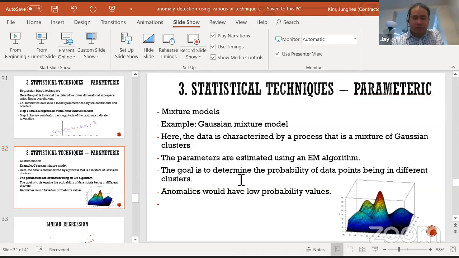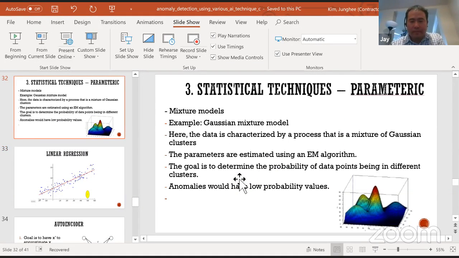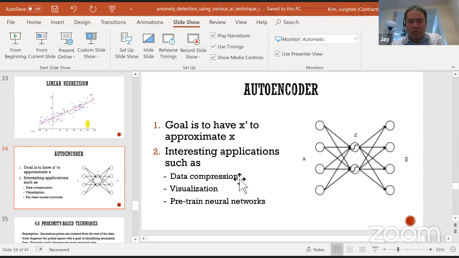If some data point does not fit the model, then it can be an outlier, right? And then the autoencoder is another thing that is very popularly used nowadays.